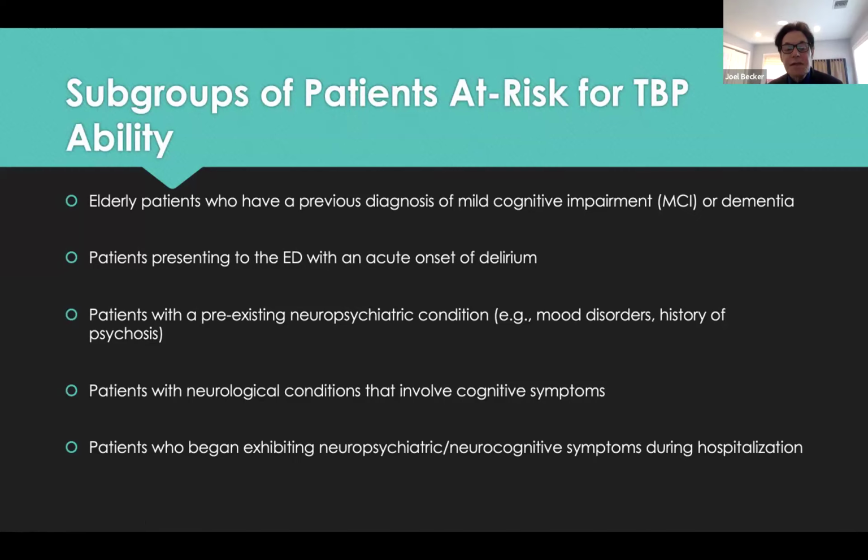Patients with pre-existing neuropsychiatric conditions, mood disorders, psychotic disorders, etc., can present in a high-risk group. Patients with neurological conditions that involve cognitive symptoms may also be high risk, and patients who came into the hospital or facility without exhibiting neuropsychiatric or cognitive difficulties, but developed them during hospitalization, fall into the high-risk group as well.